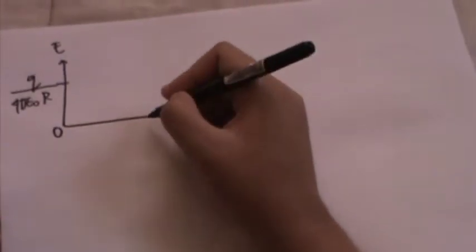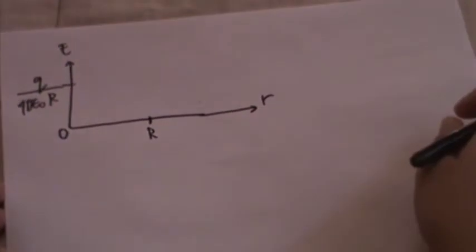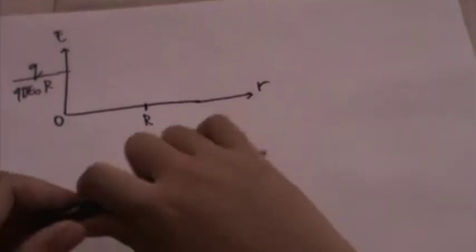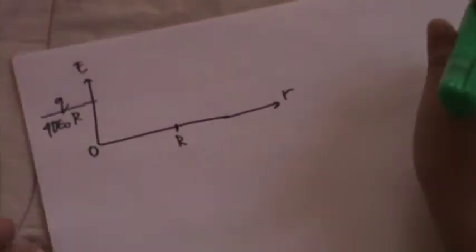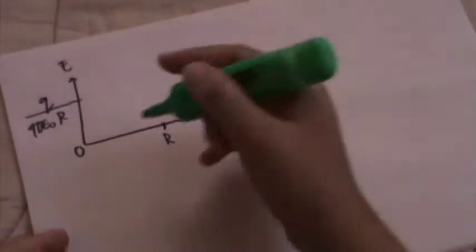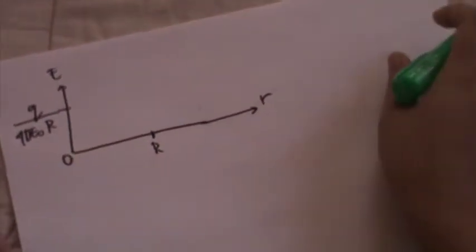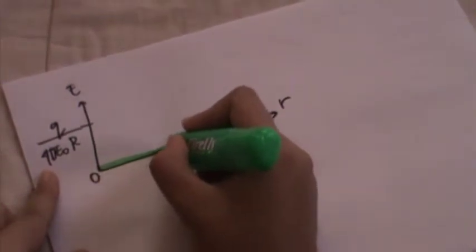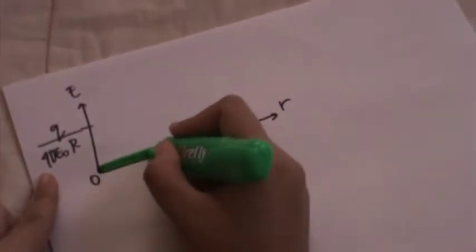Supposedly this is your R. This is your capital R, the inside radius. The graph for the inside radius will stay flat because, like I said before, the electric field inside is 0, so it will lie right here.